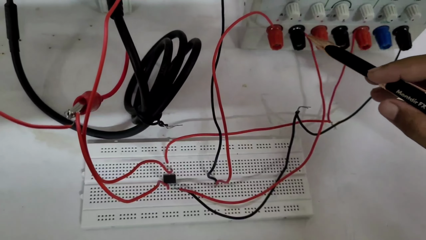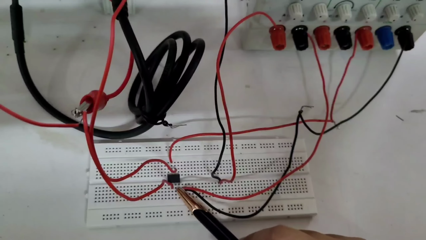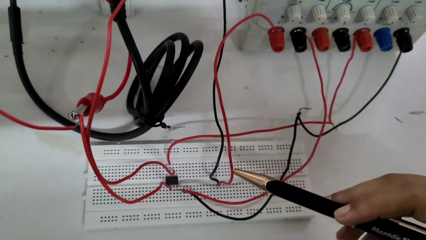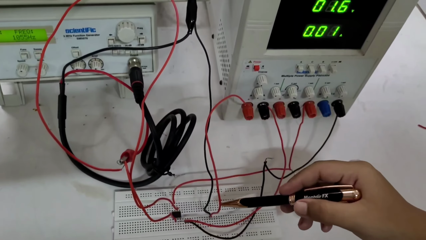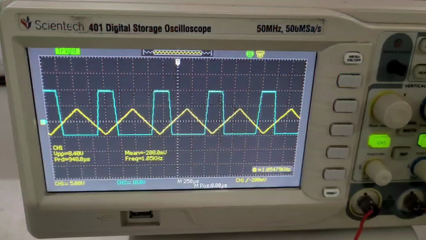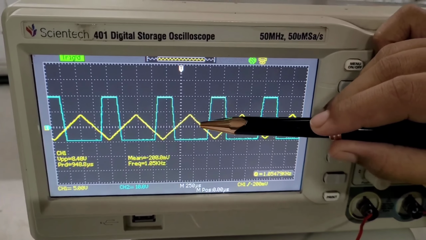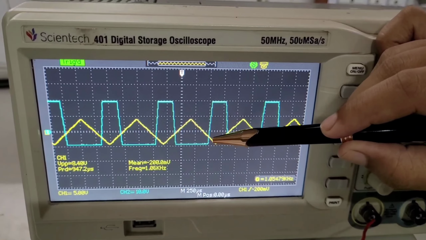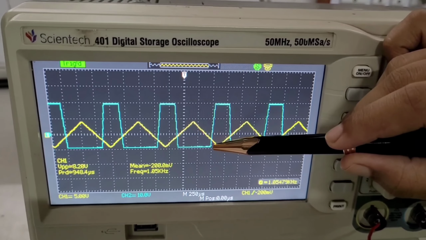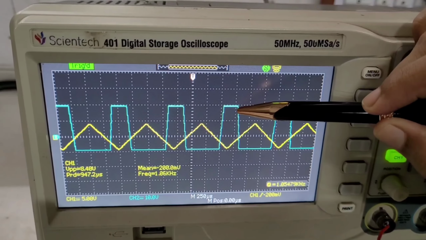Here the negative V reference is fed to the pin number 3 and positive of the V reference and negative of the input signal are connected together. From the waveform we can see whenever the input signal is crossing the minus V reference voltage, our output is changing from minus Vsat to plus Vsat.